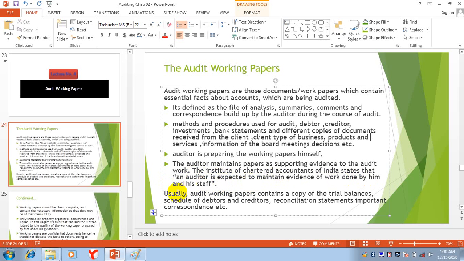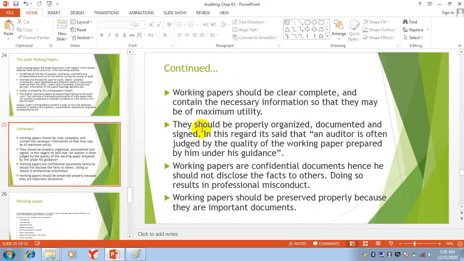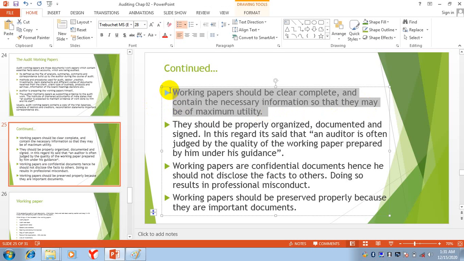Usually, audit working papers contain a copy of the trial balances, schedules of debtors and creditors, reconciliation statements, important correspondence, etc., just like we discussed here. Now, working papers should be clear, complete, and contain the necessary information so that they may be of maximum utility. It is the responsibility of the auditor that his working paper is clear and complete.